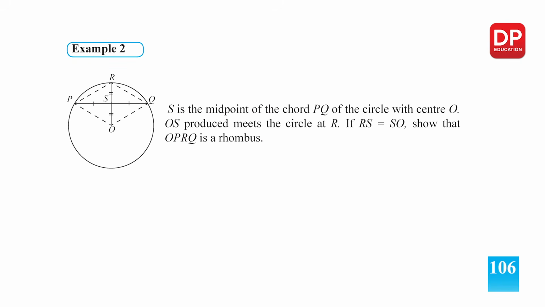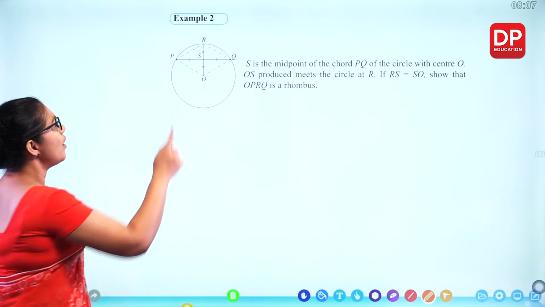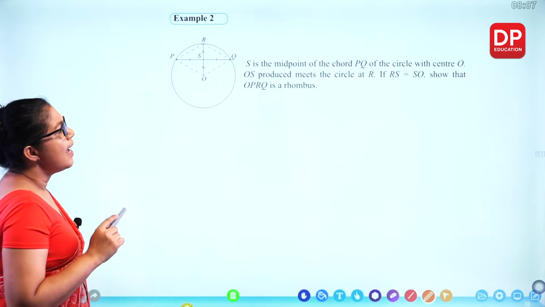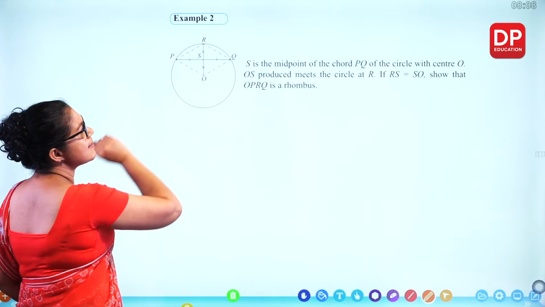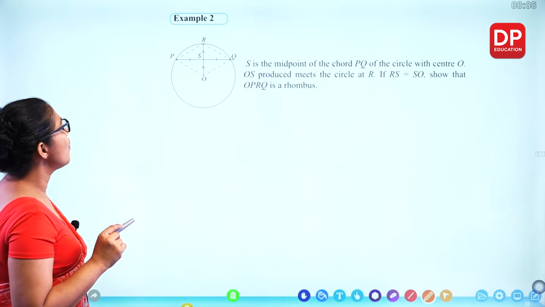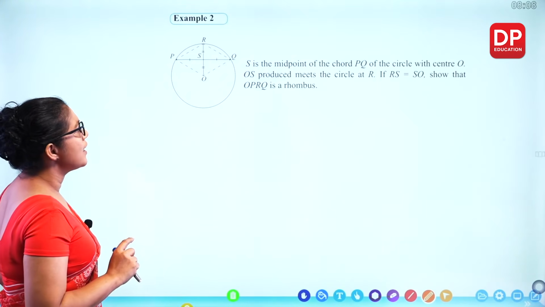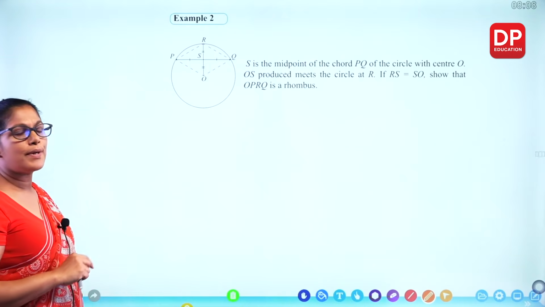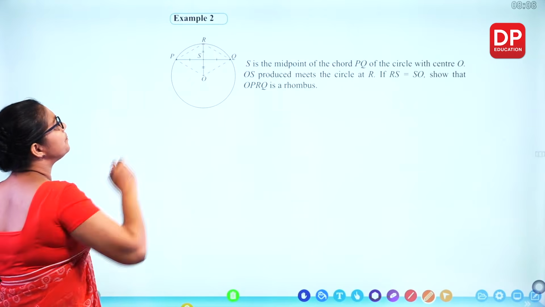Now we'll take example number 2. So it says S is the midpoint of the chord, already marked there, and center O. OS produced meets the circle at R, if SR is equal to SO. Show that OPRQ is a rhombus. So here you are asked to show this is a rhombus.